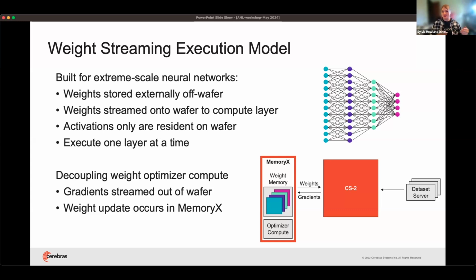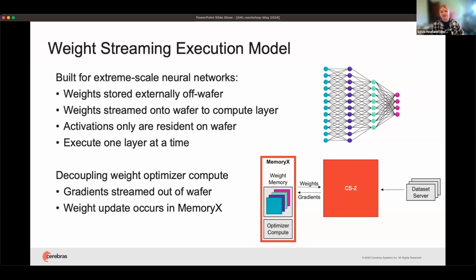This is nice. The CS2 doesn't need to have that much memory on it. Again, we're only storing weights for one layer at a time, only saving the activations and the previous set of gradients. We can ditch all of those elements as they're consumed. We don't have a lot of redundant memory usage going around.